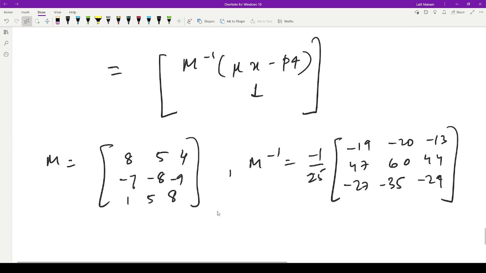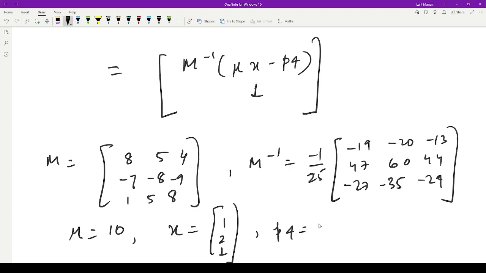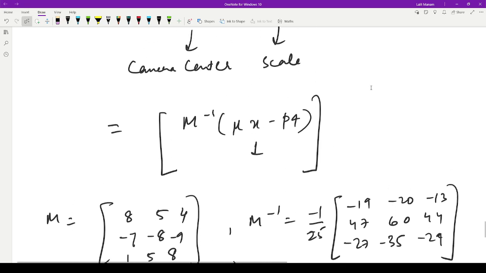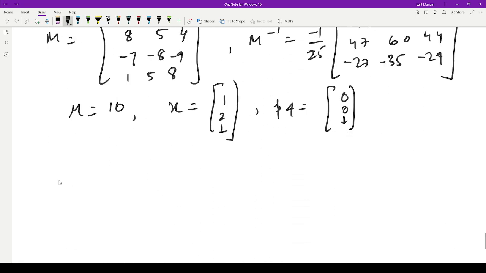Okay, so this is given. We are given mu as 10. X is 1, 2, 1 because it's in the homogeneous coordinate system, and we know p4 from the matrix itself, which is 0, 0, 1. From this we can compute X at mu equals 10, which turns out to be something like this.